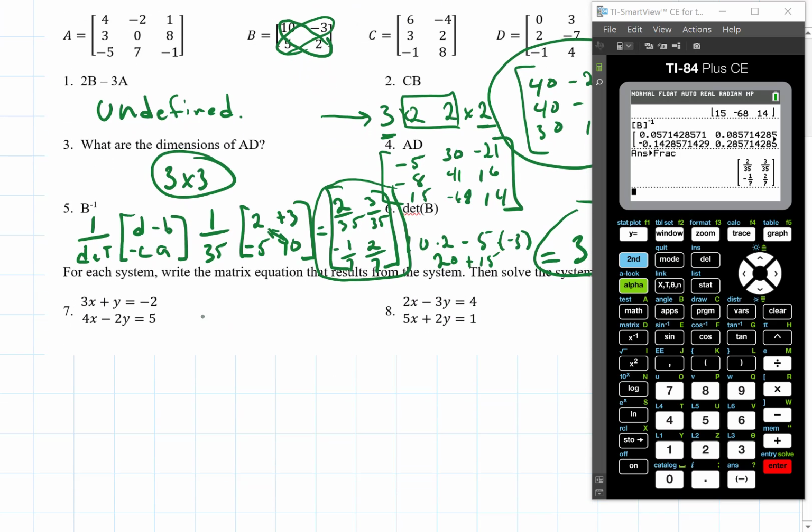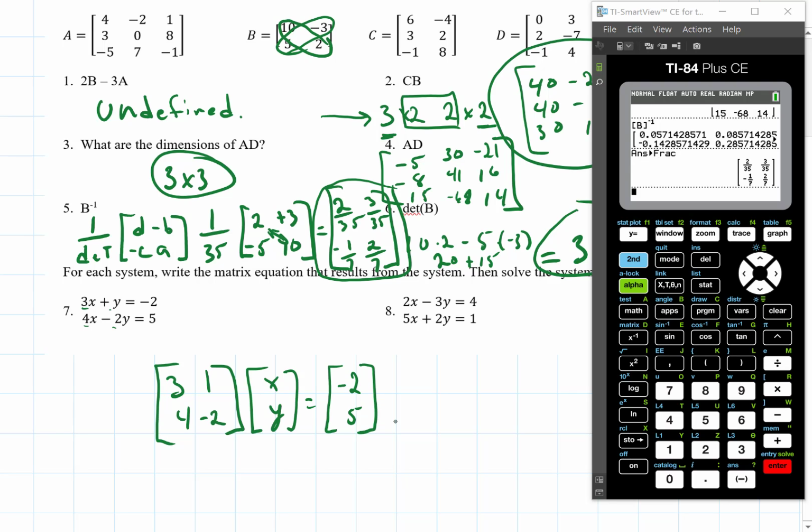Once we set this up, I'm going to show you how to just put it in the calculator as an augmented matrix. The way this worked was we took the coefficients for each of the terms, and we wrote that as a coefficient matrix, 3, 1, 4, -2. We multiply that by our matrix of variables, x and y, and that equals our solution matrix, our answer matrix, -2, 5.